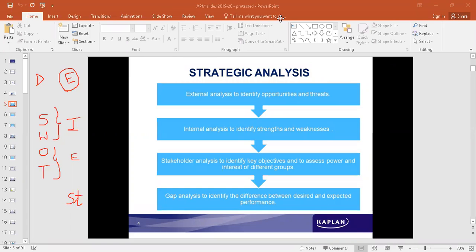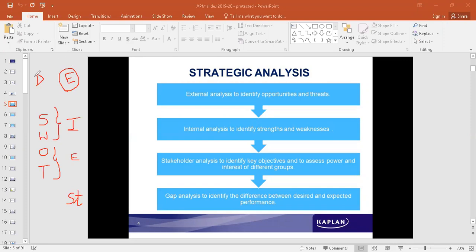Once all these things are taken into consideration, what is possible for them to achieve can be understood. So with this, the expected performance can be known.